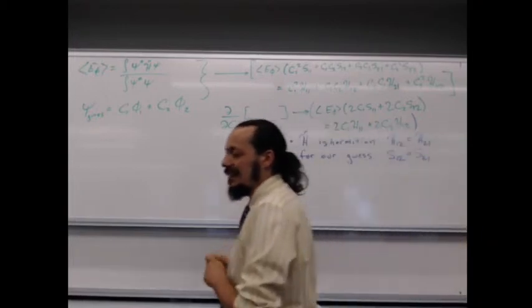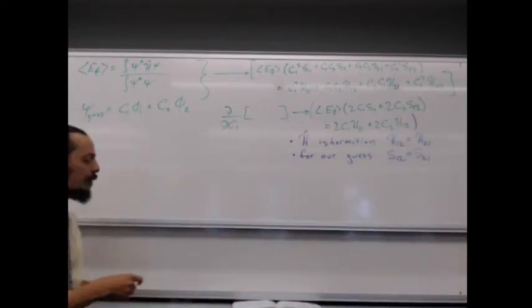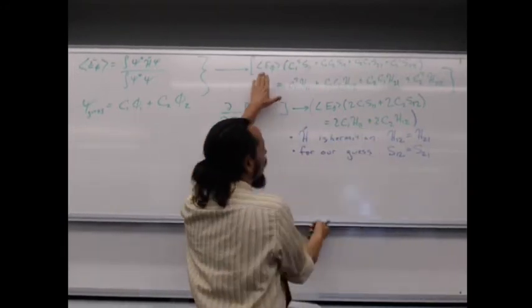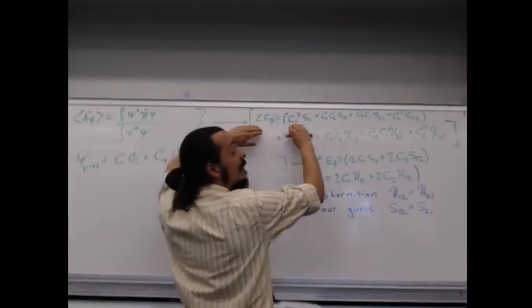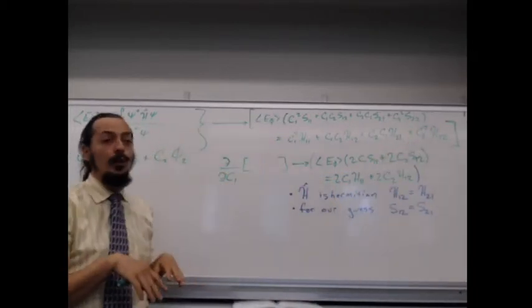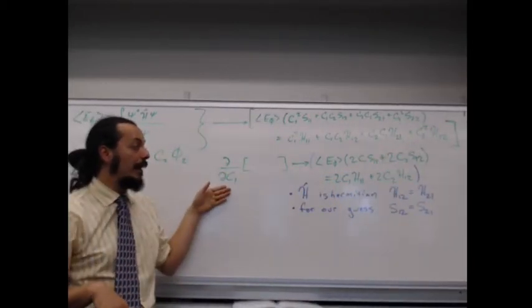We could do the exact same thing taking the derivative. I'm not taking the derivative of just one of these sides. I'm taking the bracket of this entire equation, this side equal to that side, and taking the derivative of the whole thing with respect to C1.